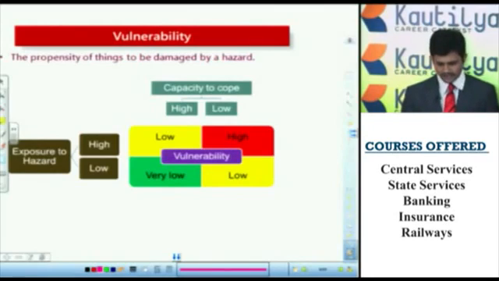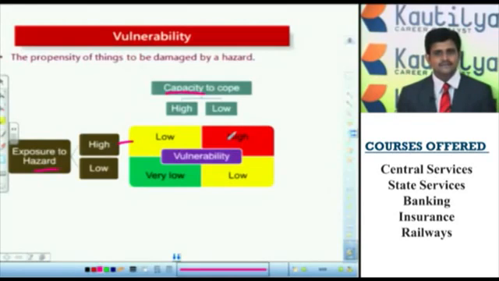So let's see this. This is the capacity and this is the hazard. If hazard is high and capacity is low, the vulnerability is high, meaning the community will be severely affected.